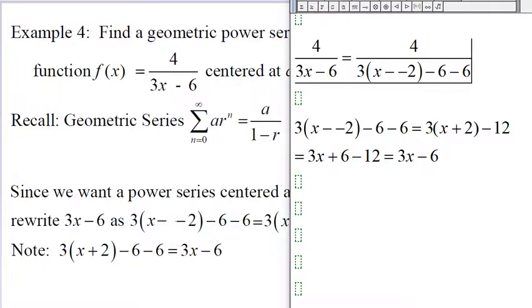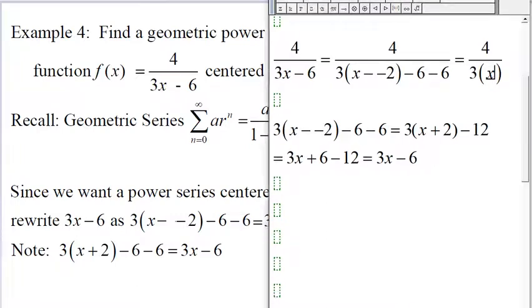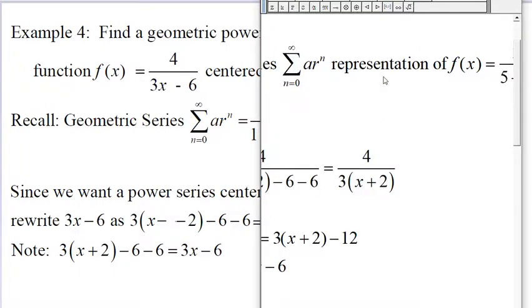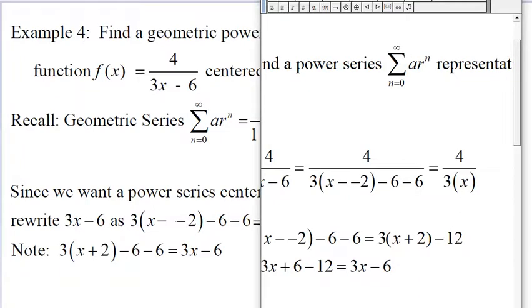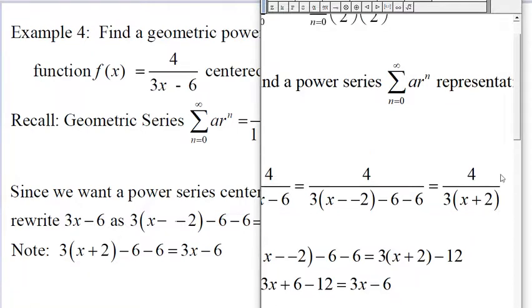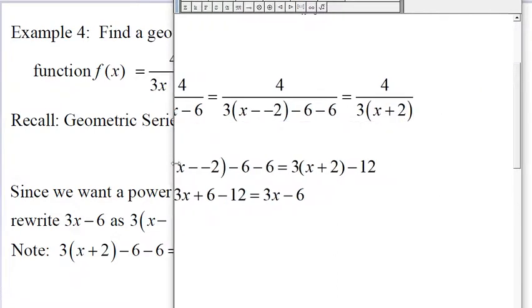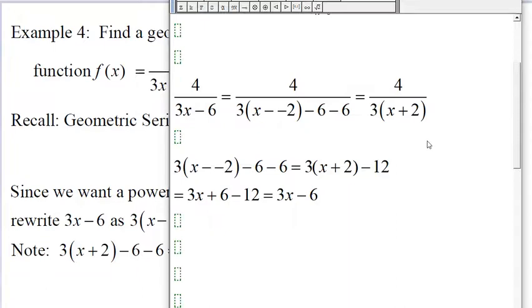And so this now becomes 4 over 3 times x plus 2, and minus 12.